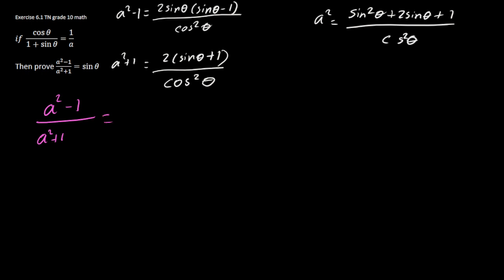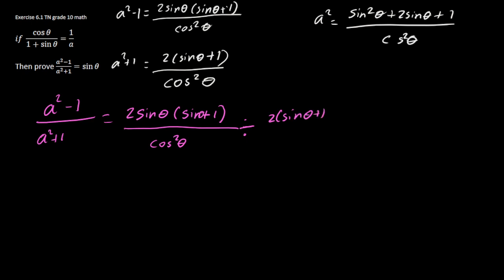That would equal 2 sine theta, sine theta plus 1. I actually made a typo here. So sine theta plus 1, all over cos squared theta, divided by 2 times sine theta plus 1 all over cos squared theta.